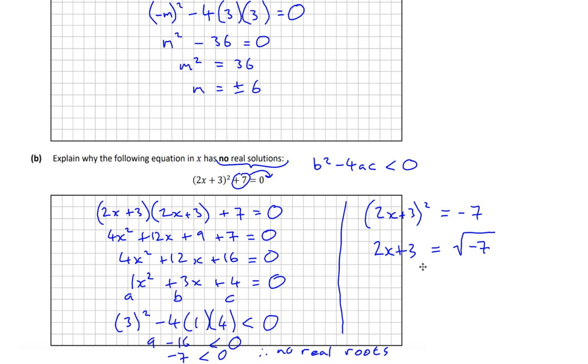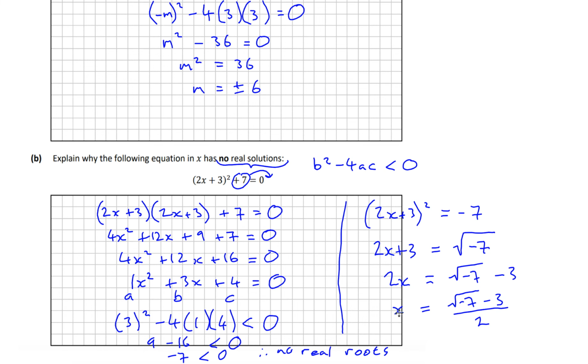And from here I can try and isolate x. So I can bring the plus 3 over. So I'll have 2x is equal to root of minus 7 minus 3. Divide both sides by 2.